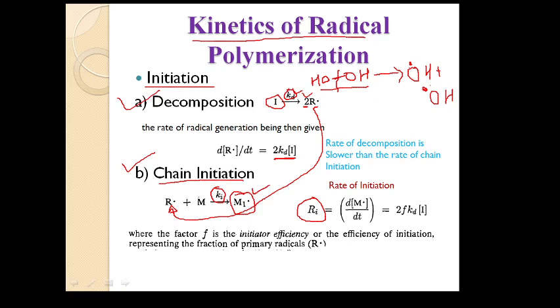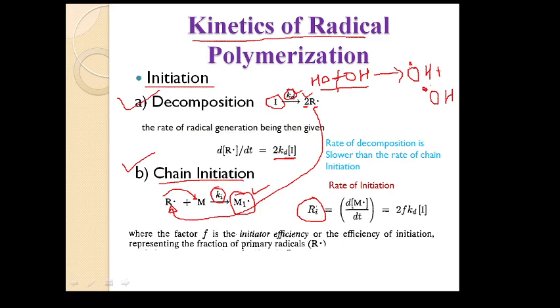When we have this radical, it is attached to a monomer. This radical reacts with the monomer and forms a single monomer-attached species. That is called the formation of the active center, which can further process the polymerization. So we will say that the rate of initiation is nothing but the rate of formation of the active center.